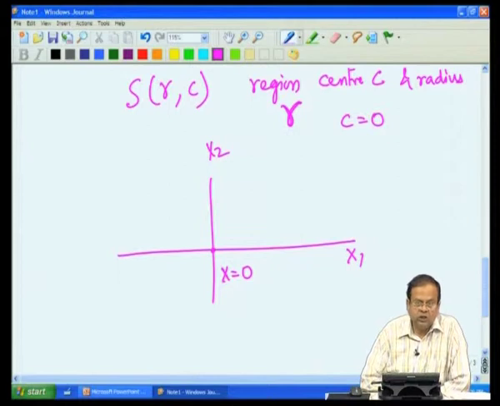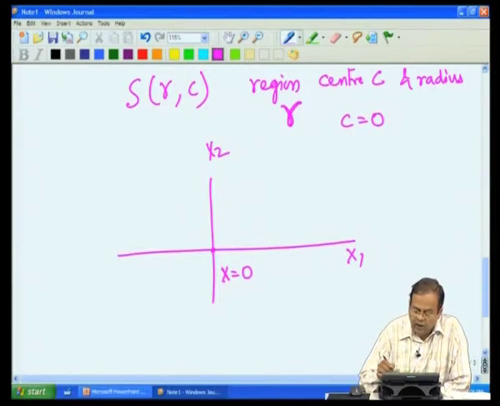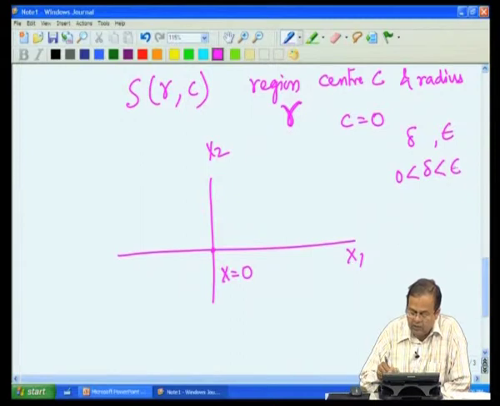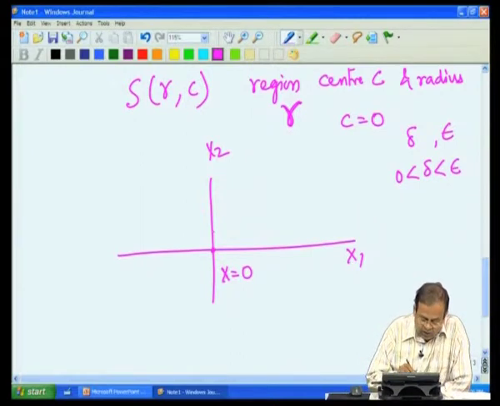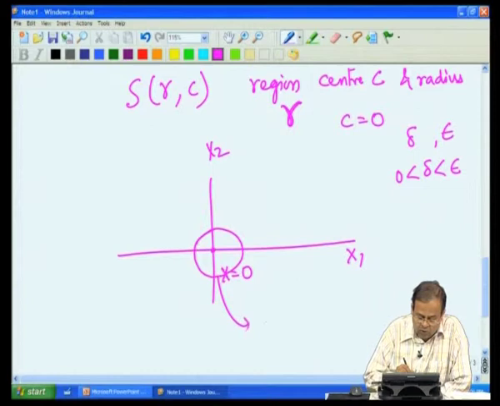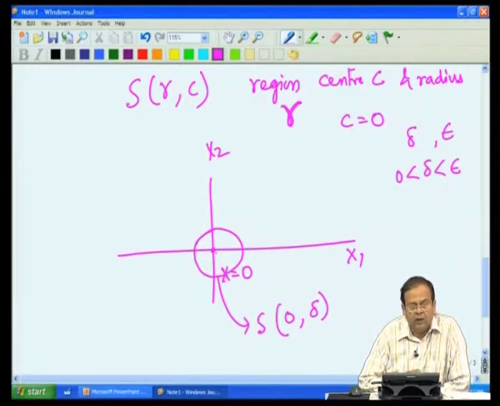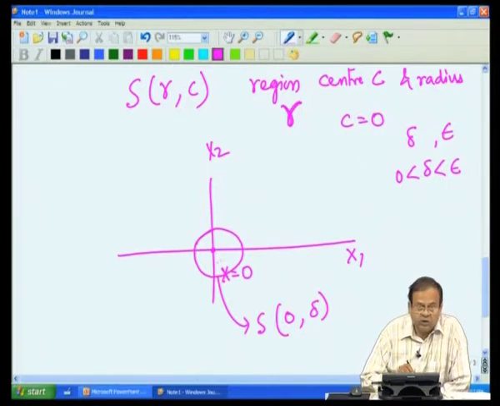Now, I call this steady state stable for the case where I can find some delta and some epsilon such that 0 less than delta less than epsilon, and let us say that circle is S of center 0 and radius delta. So, this radius is delta.